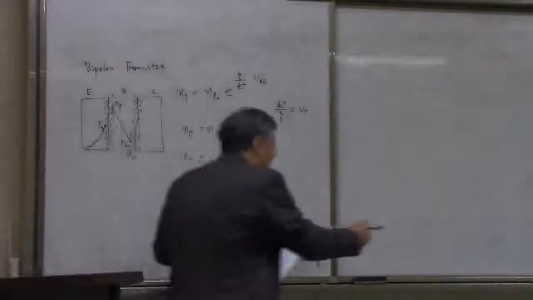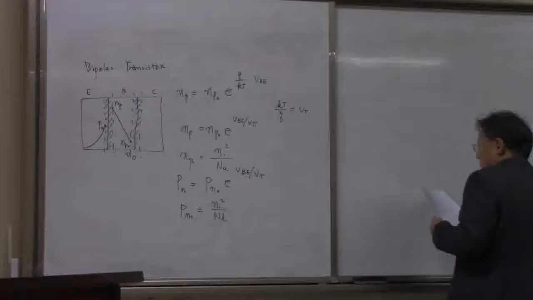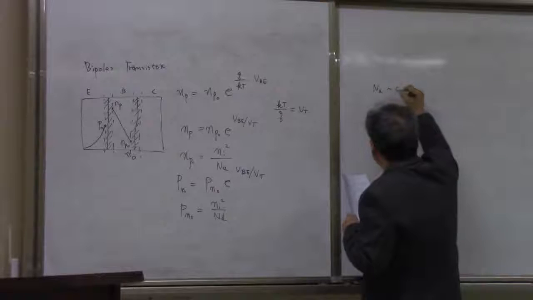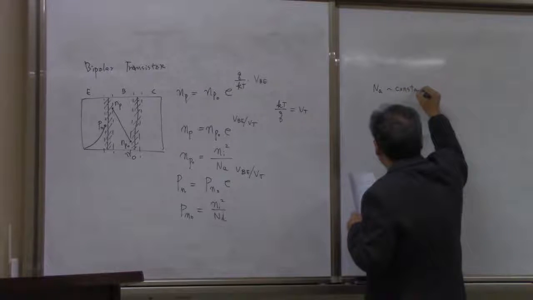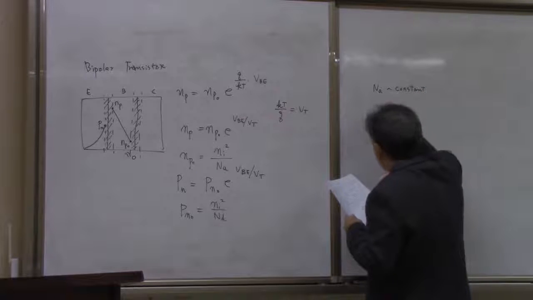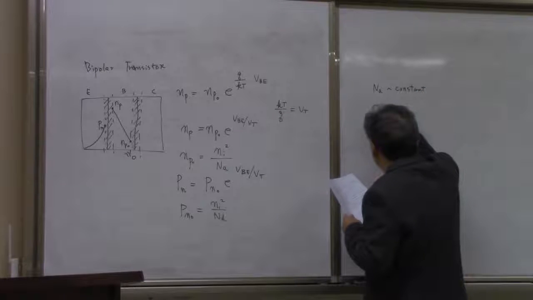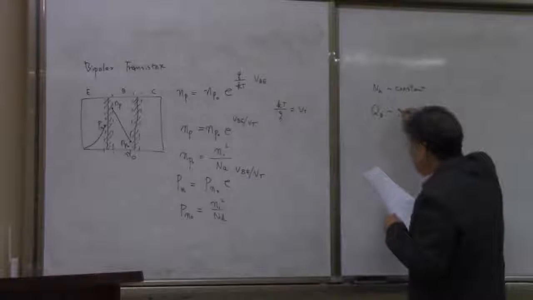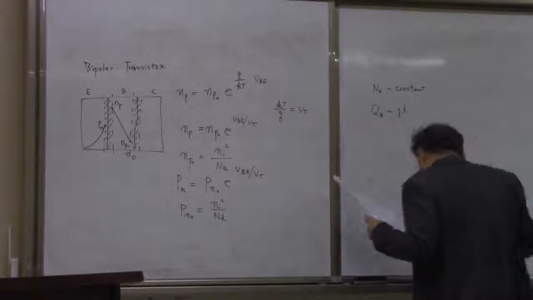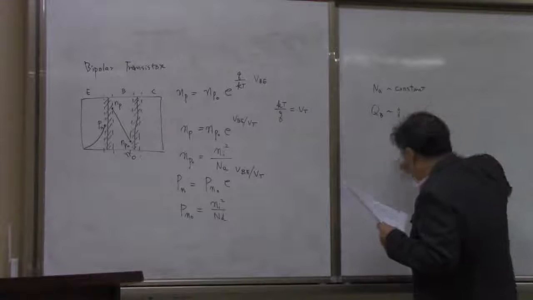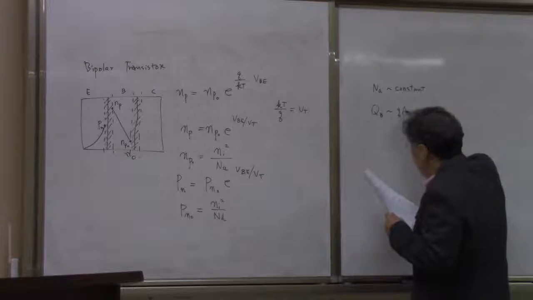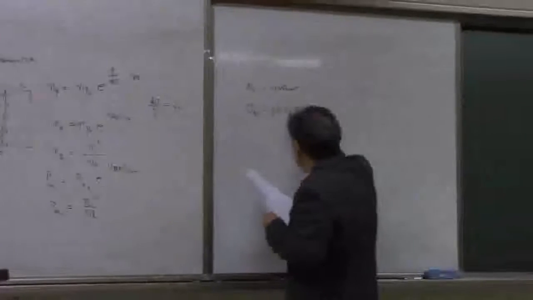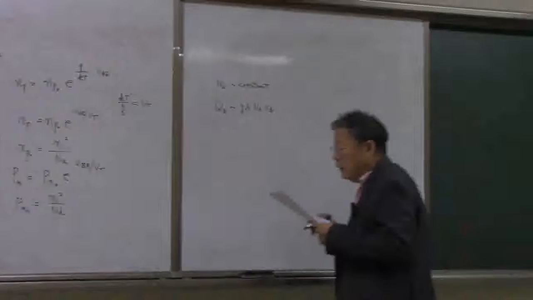And if doping level is constant on the base, and then the Gummel number of the base is Q and Q, and area A, NA, XB, the base width.